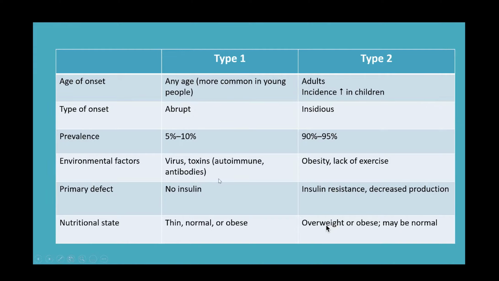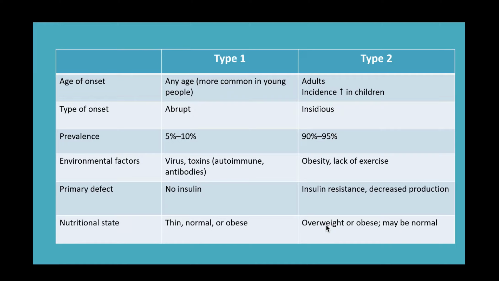Type 1 diabetes is an abrupt onset, where type 2 is more gradual. About 90% of the population with diabetes has type 2, and only about 10% has type 1. We think that type 1 diabetes is linked to an autoimmune disorder, maybe triggered by a virus. Basically, what happens in type 1 diabetes is the pancreas stops producing insulin.